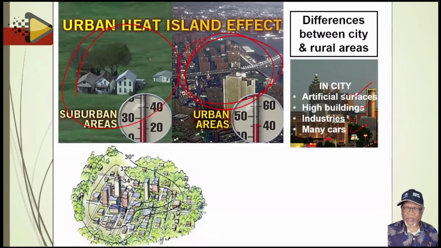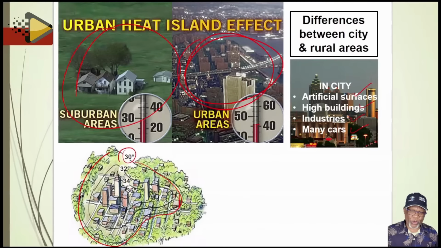What we're looking at here are the isotherms. What are isotherms? Those are the lines that join places with the same temperature. If we look at this isotherm here and you follow it right around, it shows that the temperatures around here are around 30 degrees.